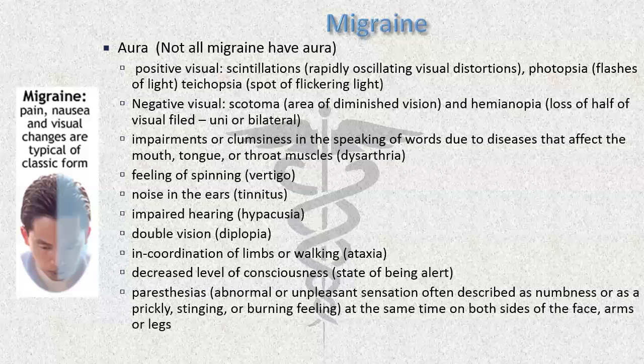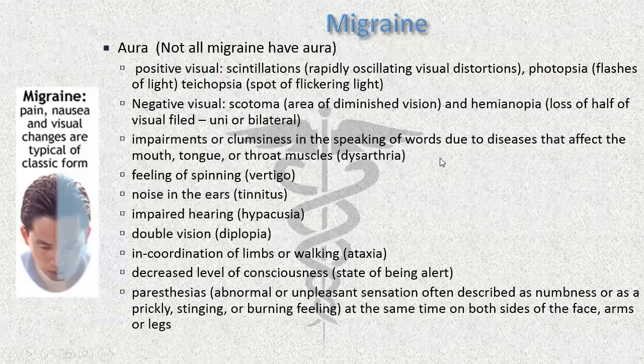Obviously, you're not being visited by aliens. This is something that your mind is generating. You can also have negative visual symptoms where, for example, you might lose a portion of your visual field, either dimming or actually just flat out losing a chunk of your visual field. These are temporary. It's not like these patients are walking around with these things all the time. This is essentially their personal warning sign that they're about to get a migraine.